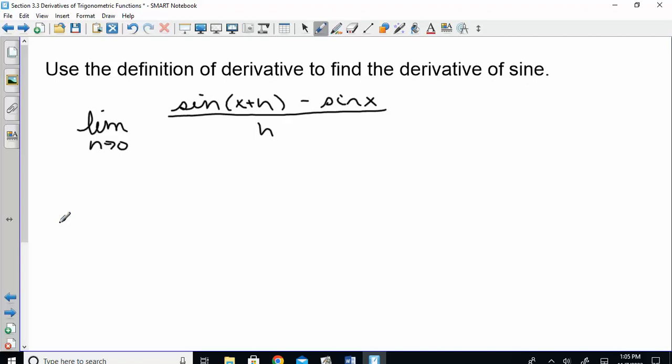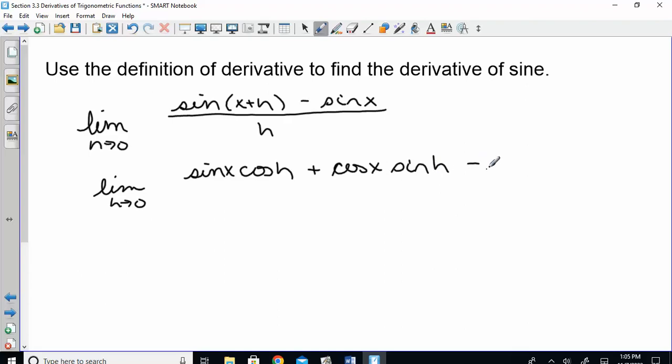When we have sine of x plus h, the first one on here, sine of a plus b, it says it goes to what? Sine of A times cosine of B plus cosine A times sine B. So sine of the first times cosine of the second, plus cosine of the first times sine of the second.